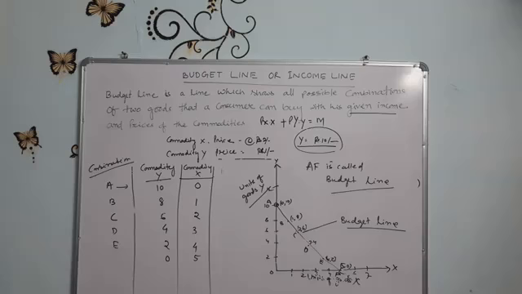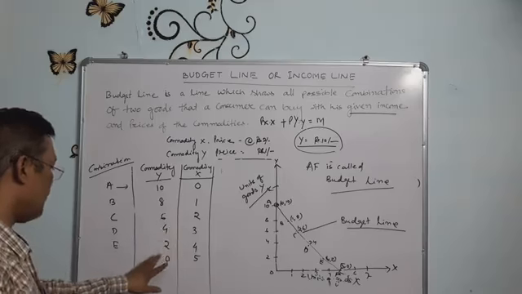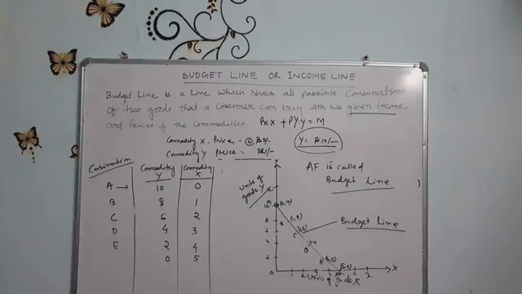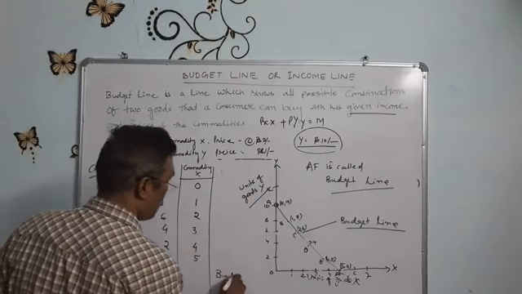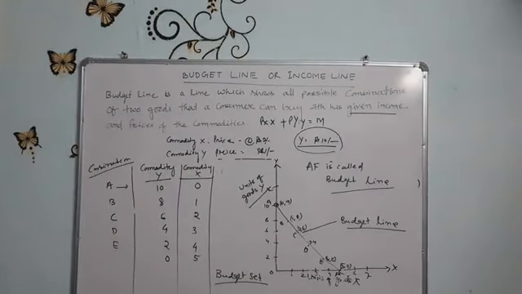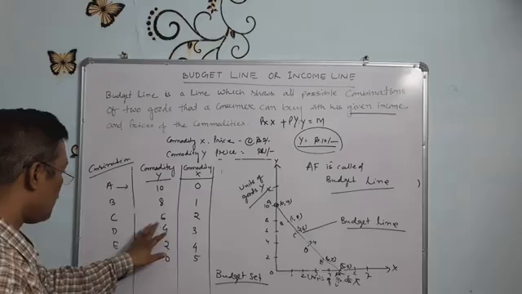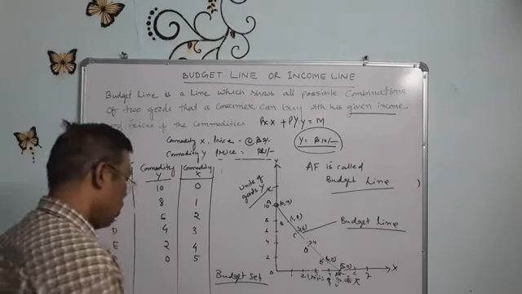Now it is clear what a budget line is. The collection of the set of all the possible bundles or combinations (0, 10), (1, 8), (2, 6), (3, 4), (4, 2), (5, 0) that a consumer can buy with his income and the prevailing prices in the market is called the budget set.